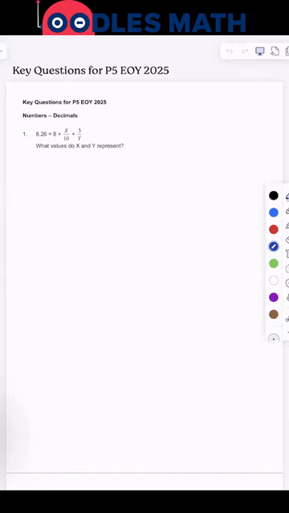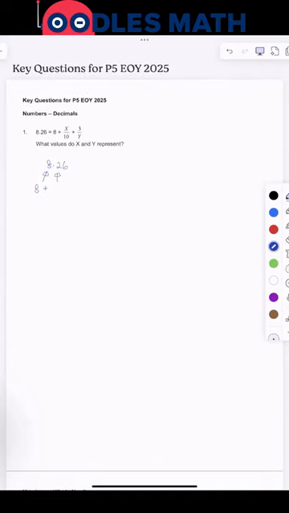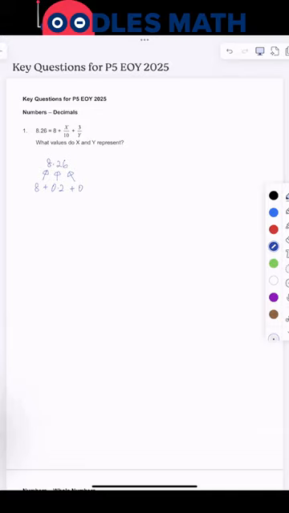So let's write out 8.26 here. When we look at it according to the place value, you will realize that 8 is in the ones place, which gives us the whole number 8. The 2 here actually has the value of 0.2, and finally the 6 is actually 0.06.